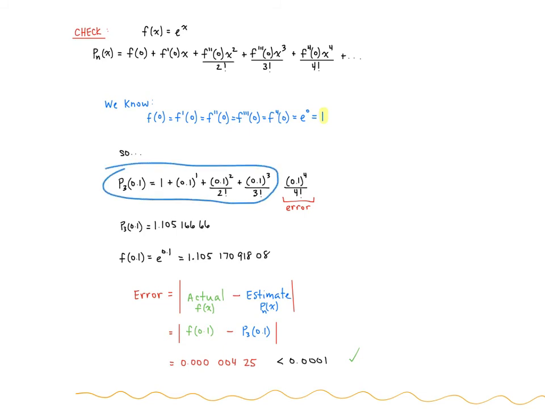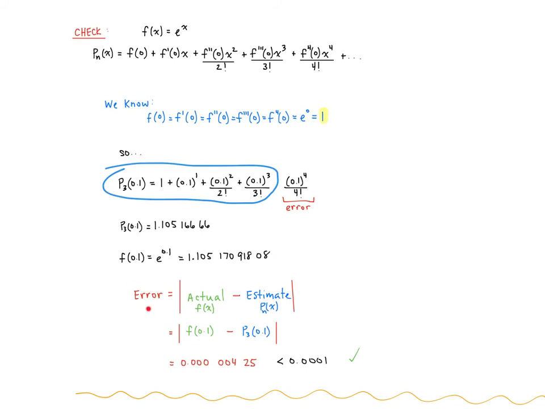And this last one, that's just our error term. So remember, that's where we get below 0.0001. Okay? So we just omit that. If we were to plug this into our calculator, when we evaluate e to the x with a third degree polynomial, we get this value here. To find the actual, we could just plug e to the 0.1 into our calculator, and this is what we get for the actual value.